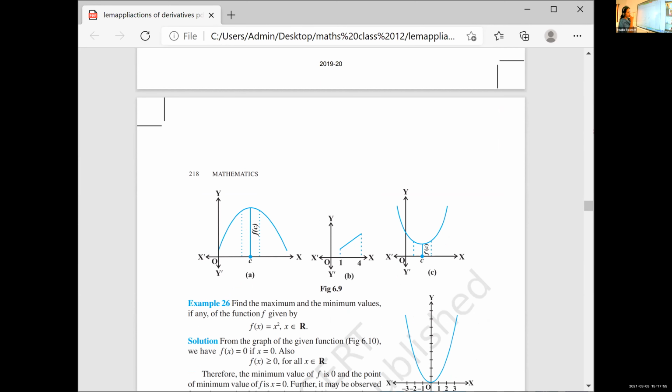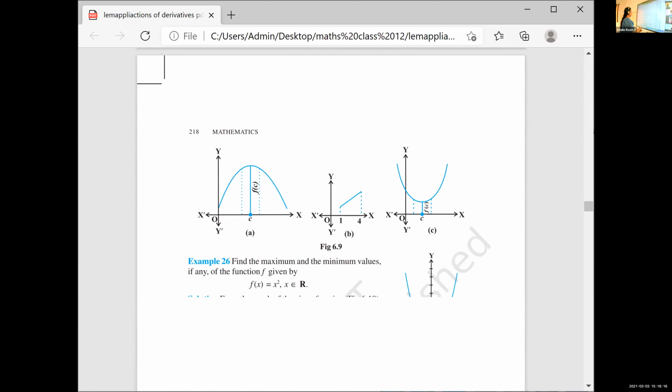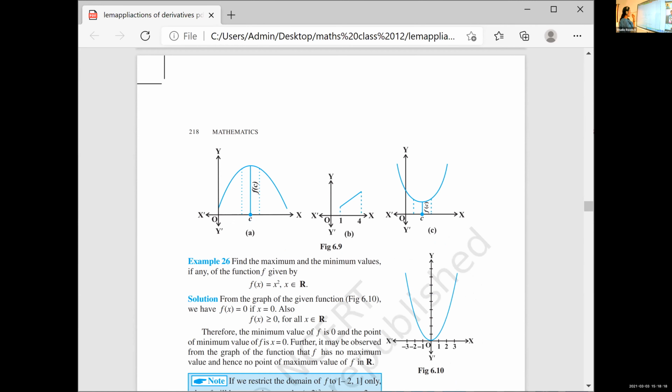Can you say whether maximum or minimum occurs here? Yes, Aparna, what you are saying is correct. Maximum occurs here, isn't it? As the curve is going on both the sides, you can extend it down, but at x equal to C, maximum value occurs.